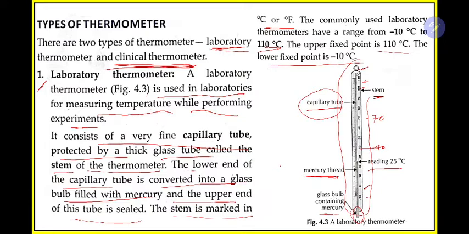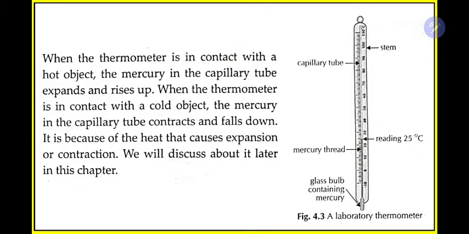Okay, moving to the next. When the thermometer is in constant contact with a hot object, the mercury in the capillary tube expands and rises up. Now they are explaining how this temperature is measured, how this practically happens. What will happen if you want to measure hot water?